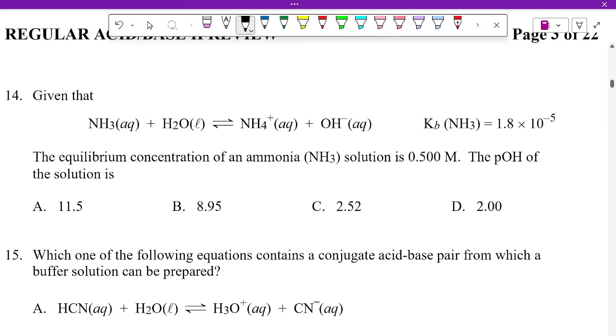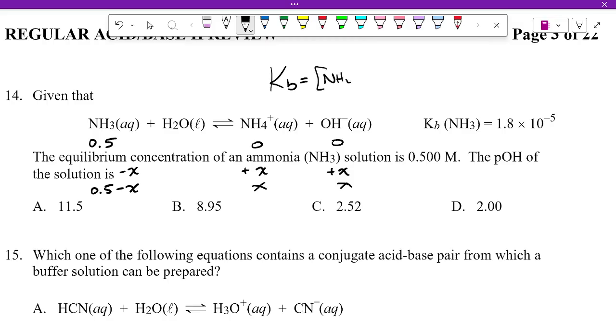Next. Yes? 14? The equilibrium concentration of ammonia is 0.5 molar. The pOH of the solution is, so we have x, minus x, 0.5 minus x. So Kb is equal to the NH4 plus. You don't have to write all this down. You can just do this in your head, right?